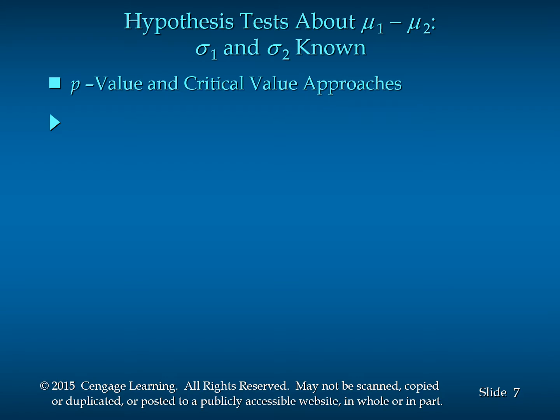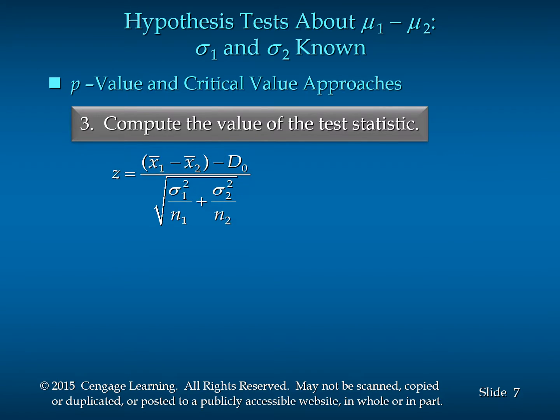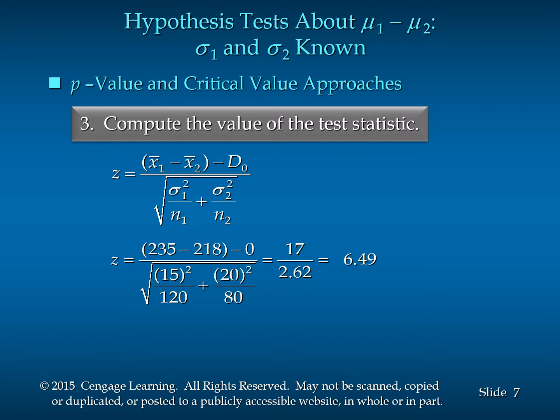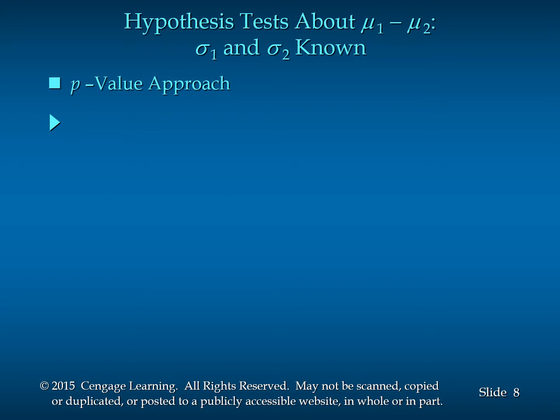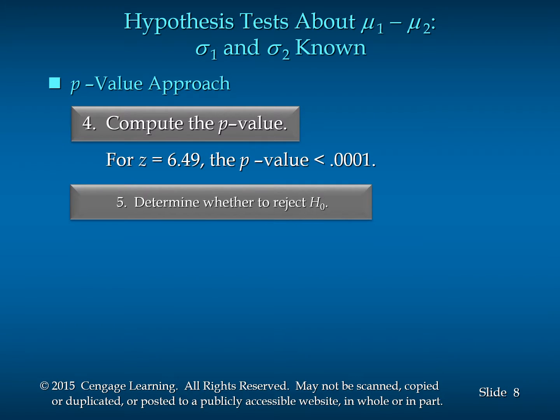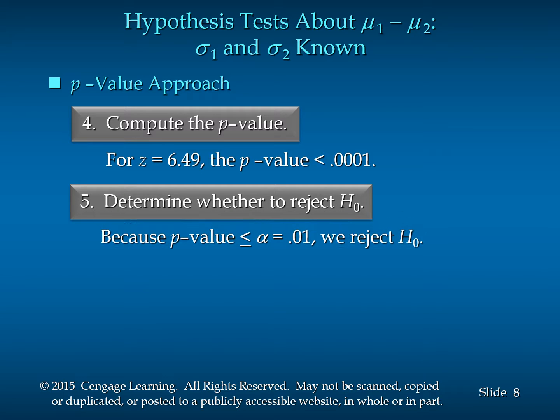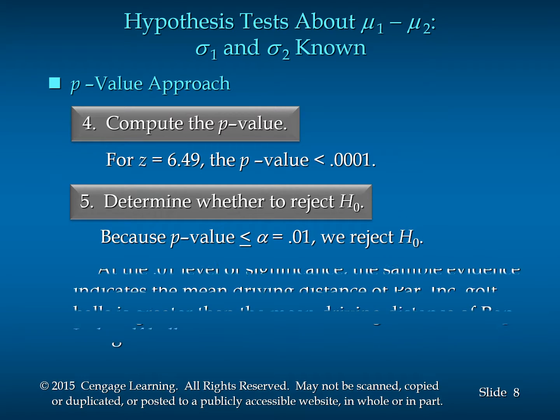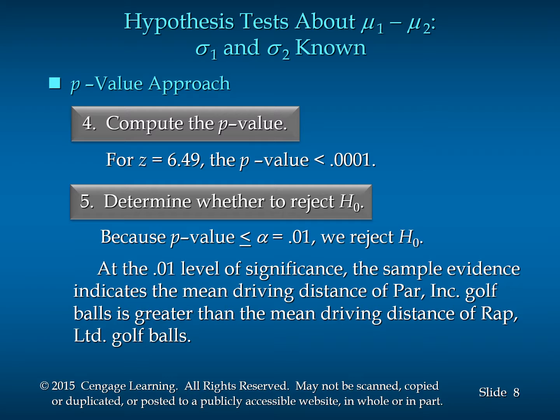Computing this test statistic, we get a z-value equal to 6.49. Given that this is a one-tailed upper tail test, we calculate the p-value to be less than 0.0001 for that z of 6.49.